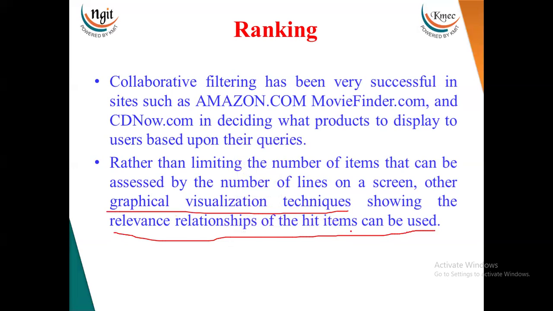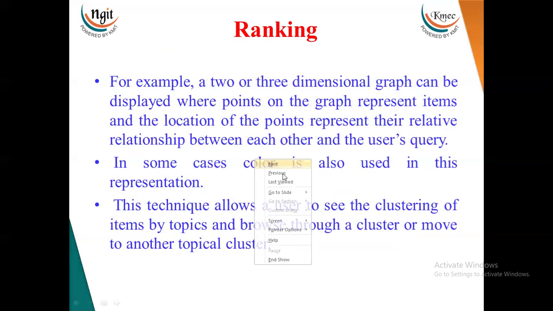Suppose you are selecting some items according to browse history, and ranking is over and you are graphing these values; I will go with the element which has the highest ranking by seeing the graph itself. So after applying ranking and collaborative filtering, you can give the visualization for this.